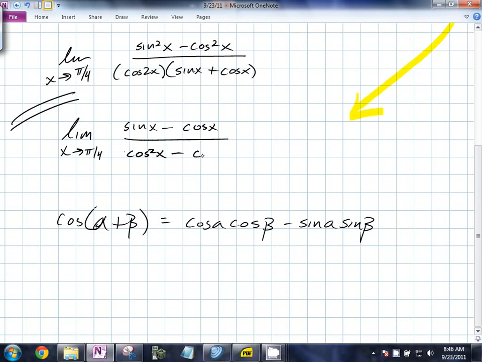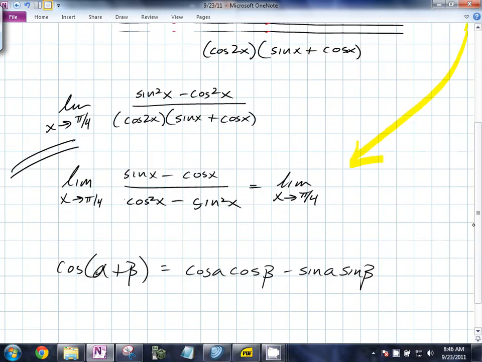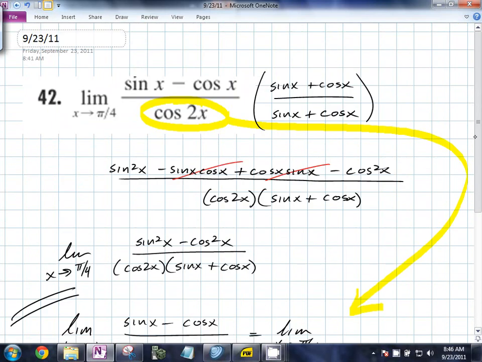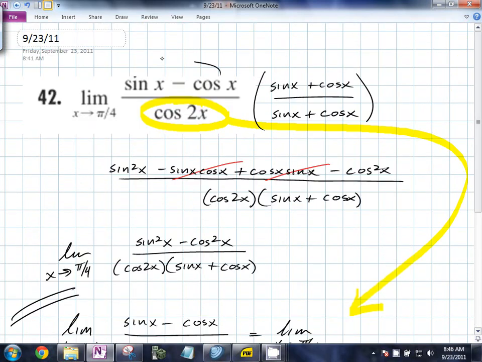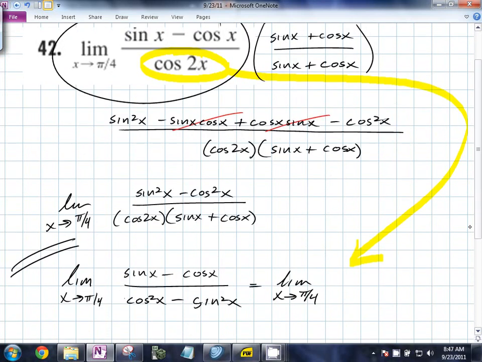We have difference of squares on the bottom now, so what does that become? Sorry, I was not clear. This is try number 2 because try number 1 ran us into a wall.